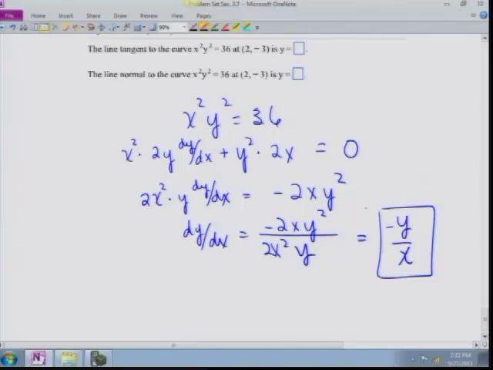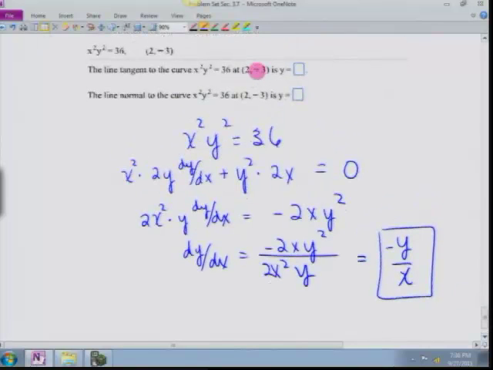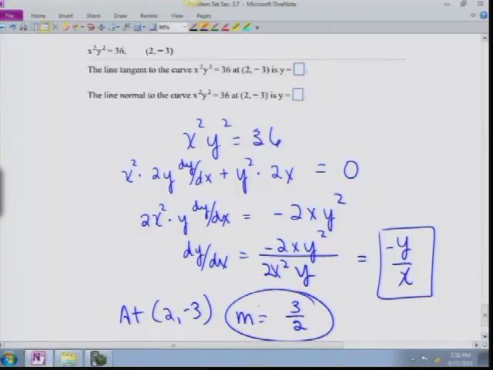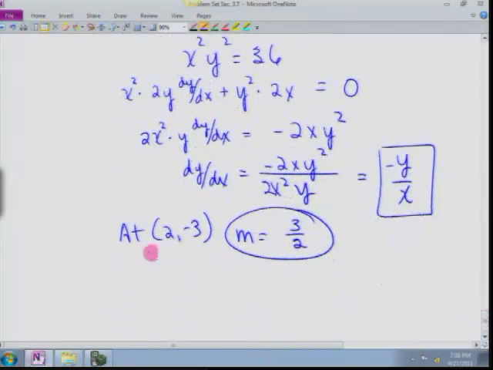Okay, that's the general rule for the slope for this thing, but we want to know the slope at this point. So at the point (2, -3), what's our slope? 3/2. Yeah. Okay, so that's a really typical question for calculus where you're writing the equation of the tangent line at a certain point. So we've got the slope and this point.